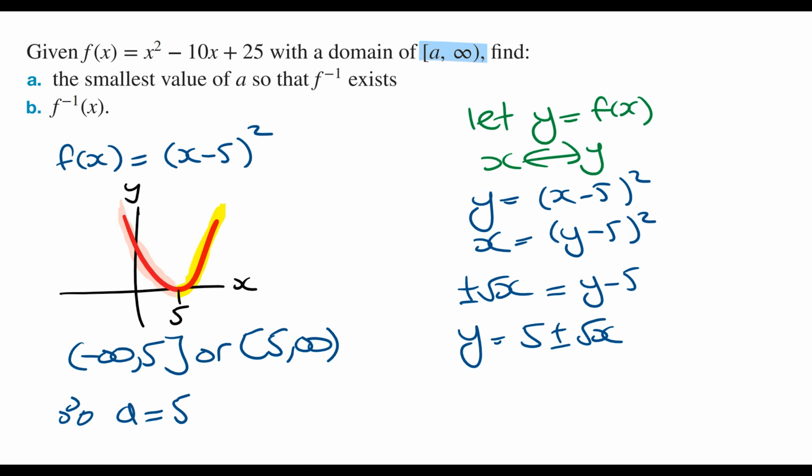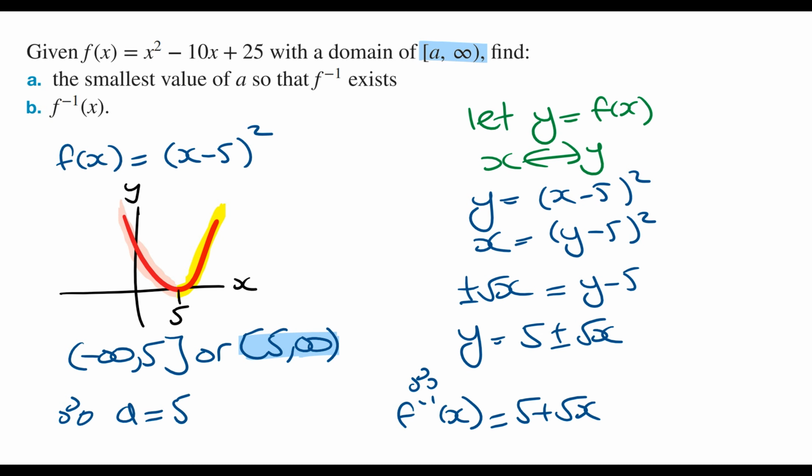The domain of f(x), when we restricted it, was from 5 to infinity. And so this means the range of the inverse function must be from 5 to infinity. Therefore we can reject 5 − √x, as this is going to result in values less than 5. And so f inverse of x is going to equal 5 + √x. And finally we need to include the domain of f inverse.